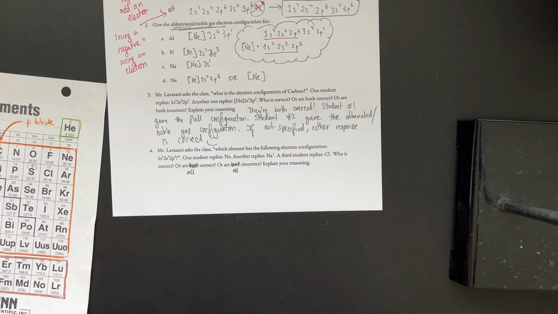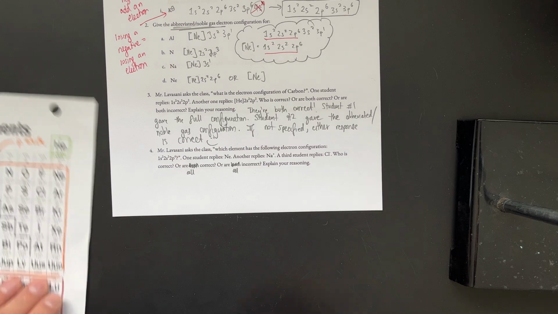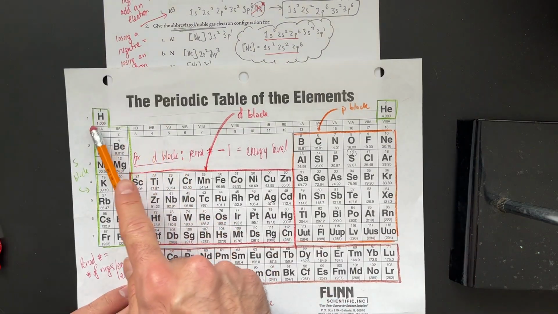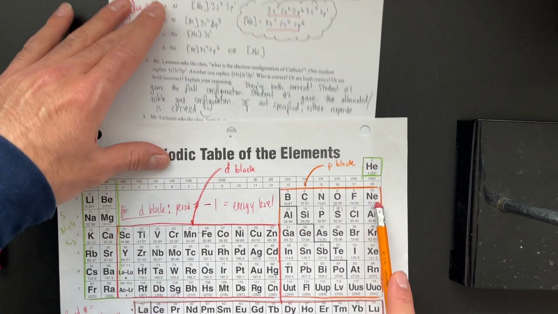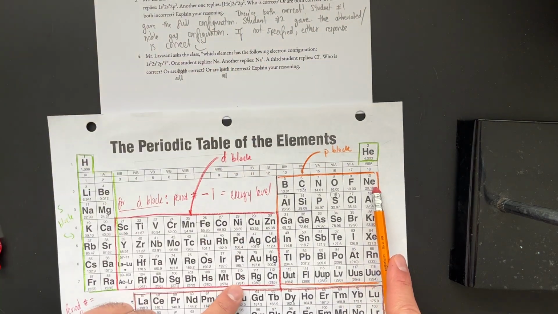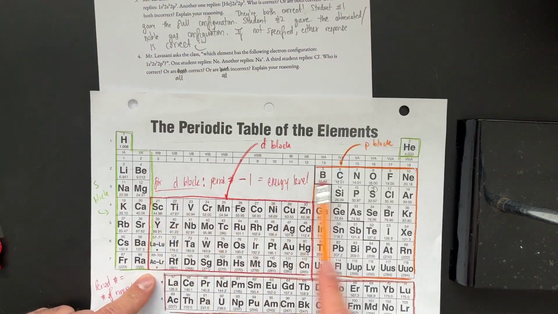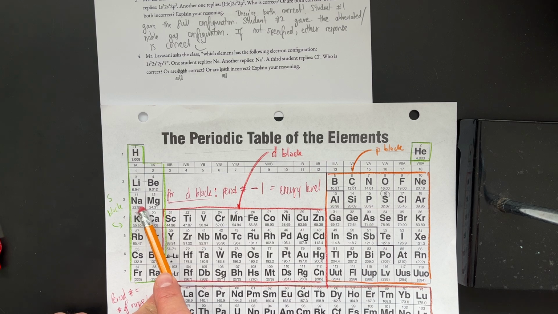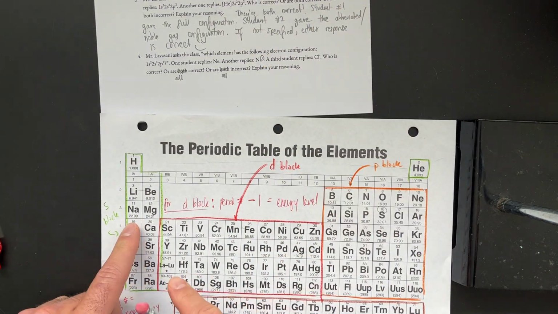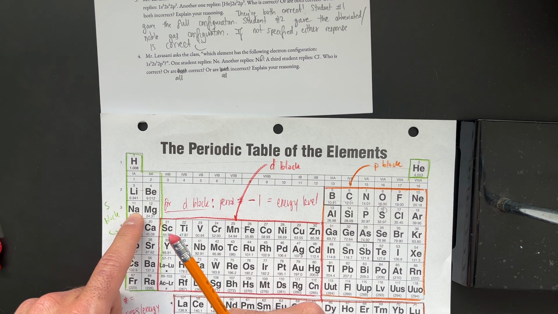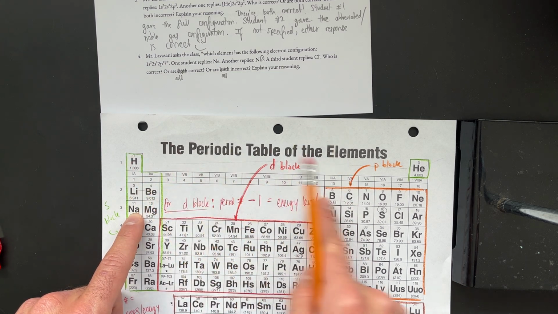So, who's correct? Well, you look at this and you're like 1s2, 2s2, 2p6. Well, that's Ne. Yeah, so student number 1 is correct. Na, well, okay, Na is 1s2, 2s2, 2p6, 3s1. But remember, this is Na+. And so we actually take off this electron that's in 3s1, and we just end up with 1s2, 2s2, 2p6, right?